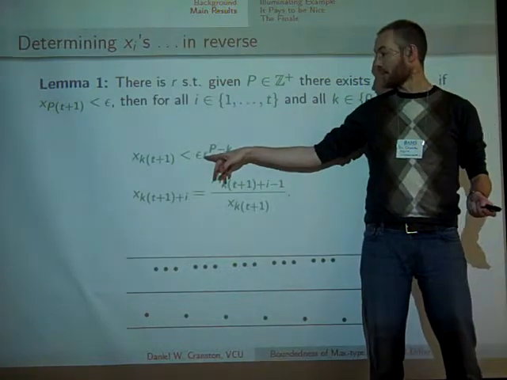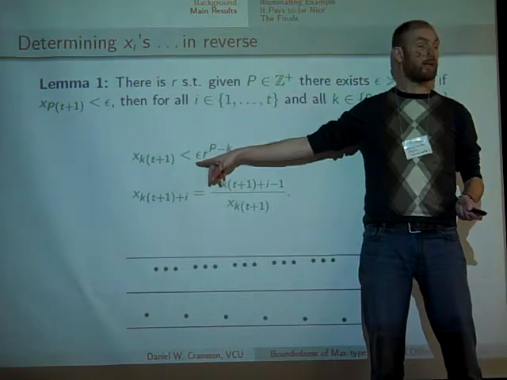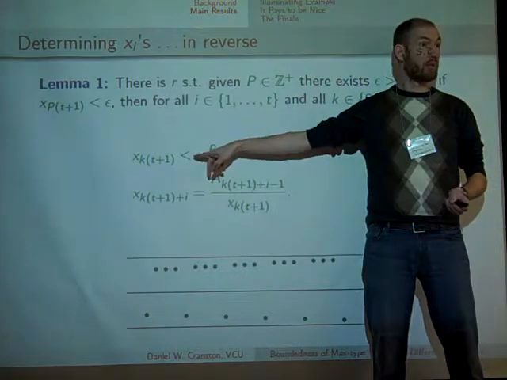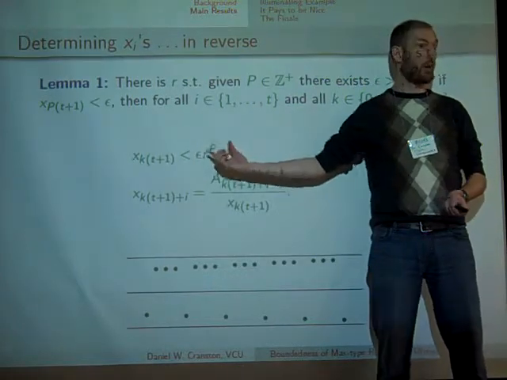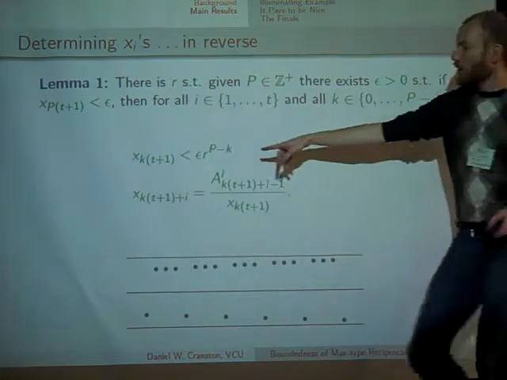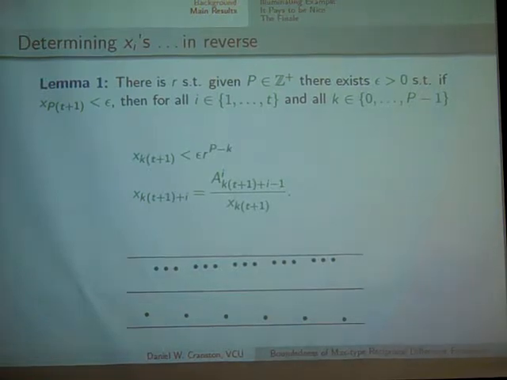I don't want r to the p, or its log, to get anywhere near as big in magnitude as epsilon. I want epsilon to dwarf this r to the p. And so basically, I figure out what my r is going to be, what my p is going to be, and then I pick some epsilon so that it completely dominates those things.